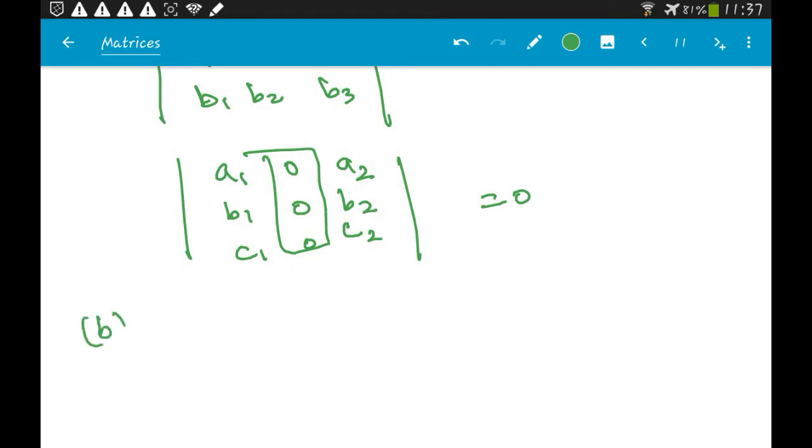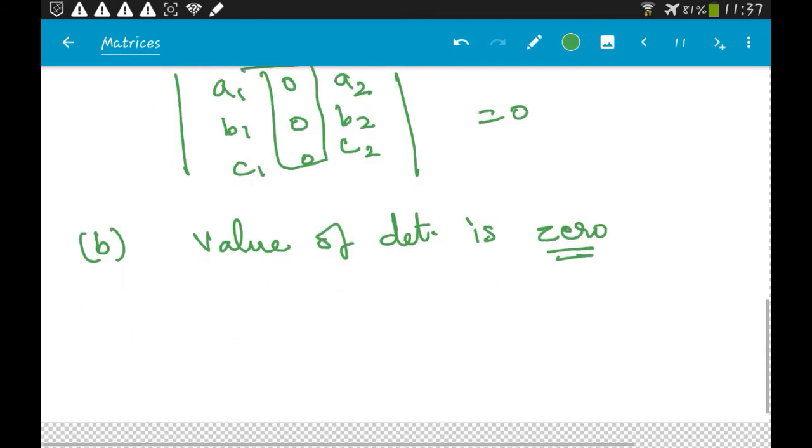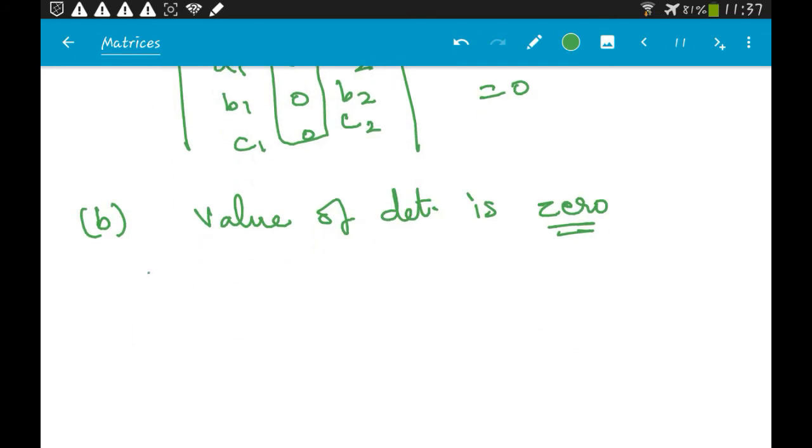Then B, the value of the determinant is 0 if any two rows are the same.